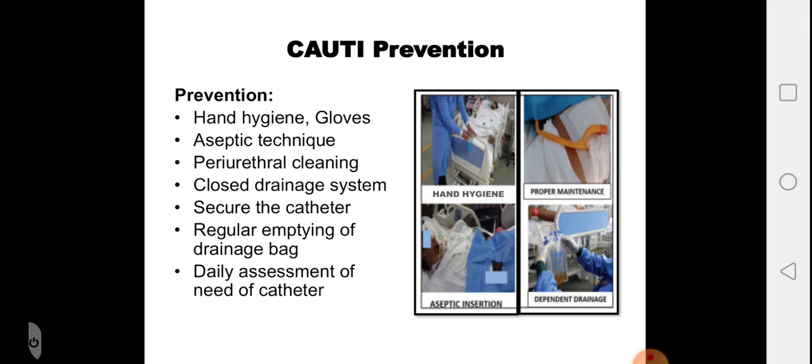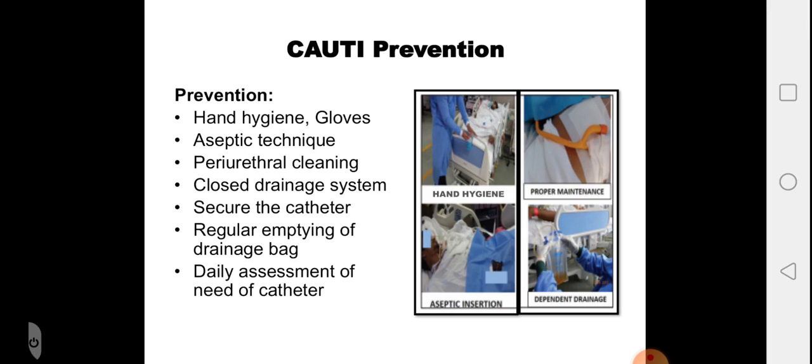And daily assessment for the need of catheter. Is the catheter needed or not should be assessed daily. Say you have introduced the catheter and the patient has UTI, or he has incontinence, or he has urinary obstruction. That's the time when you have to remove the catheter.